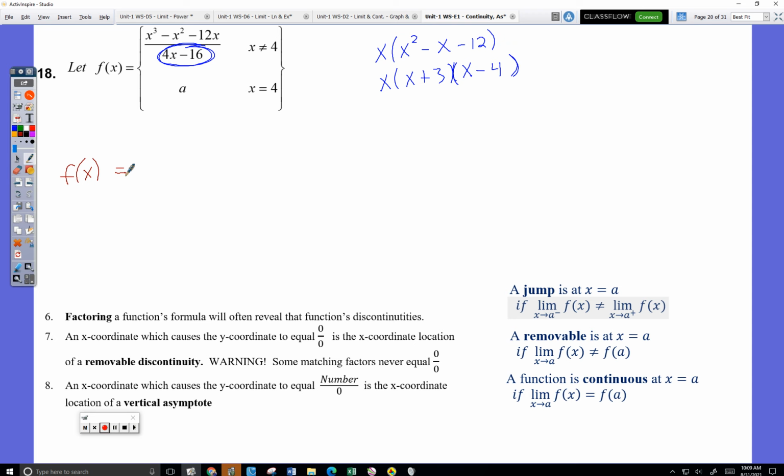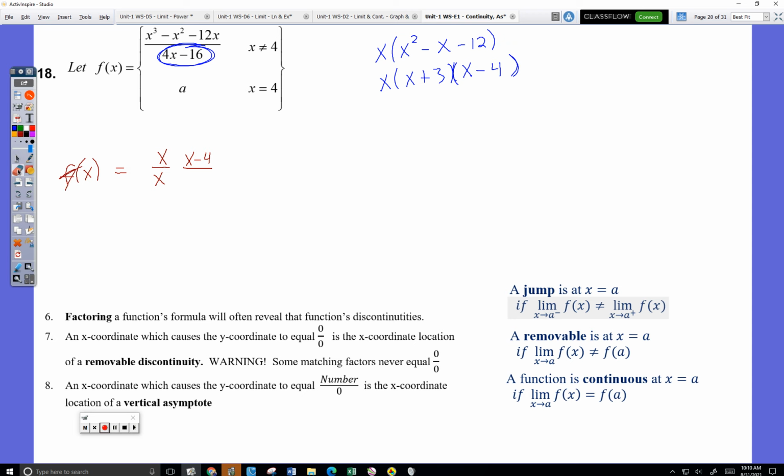So let's see, let's break it all up. So I'm going to get x over x. I'm going to get an x minus 4 over x minus 4. Oh, you're right. Thank you. Boy, that was dumb. How many saw that error? Hands up. 2 points. Take 3, 4, take 5.